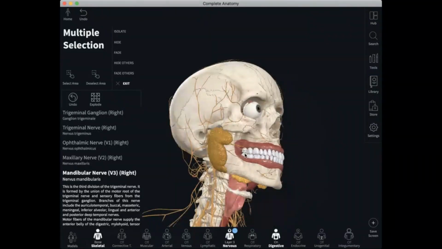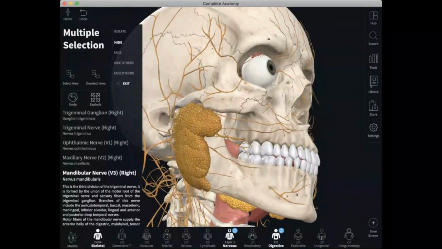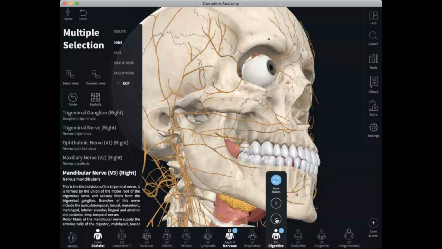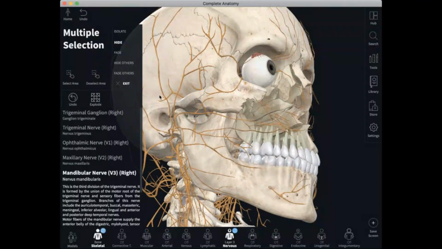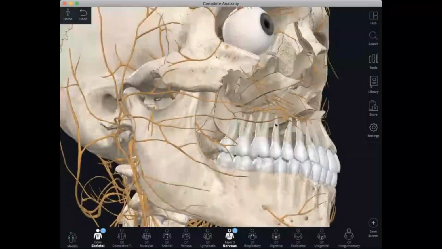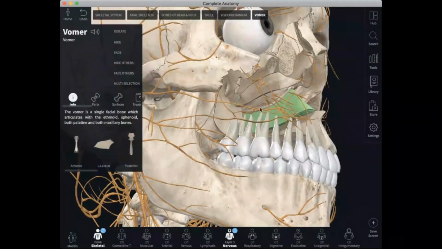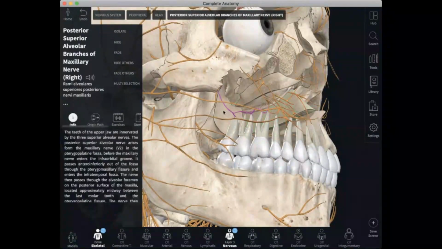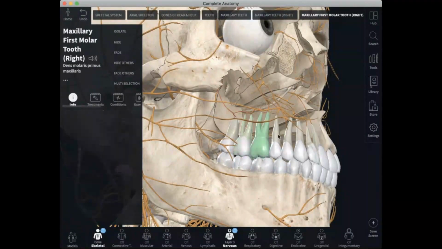There is a severe amount of dental pain, and people are really affected by this dental pain. For that, I will remove this bone, and you see these are all the branches that are entering into the dental aspect, a couple of teeth.